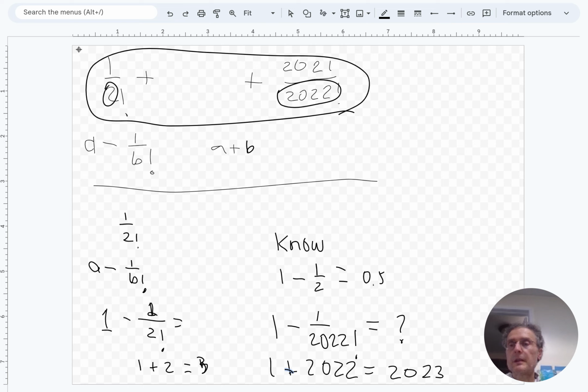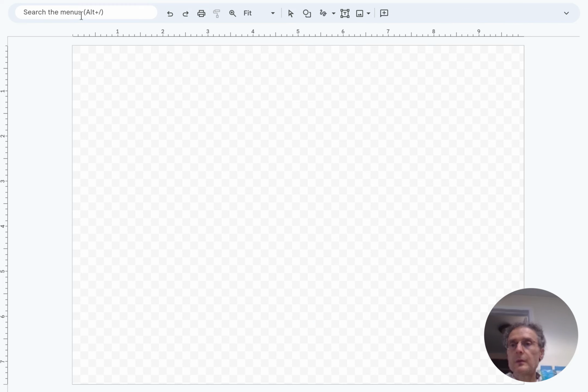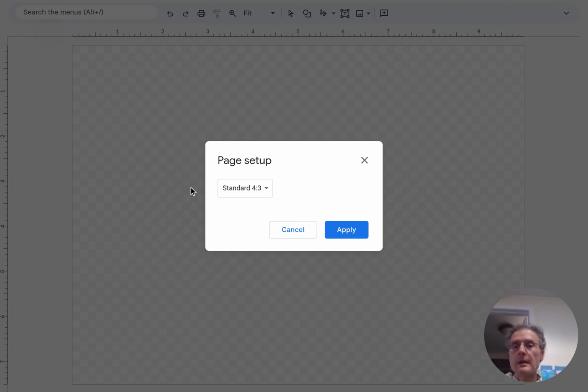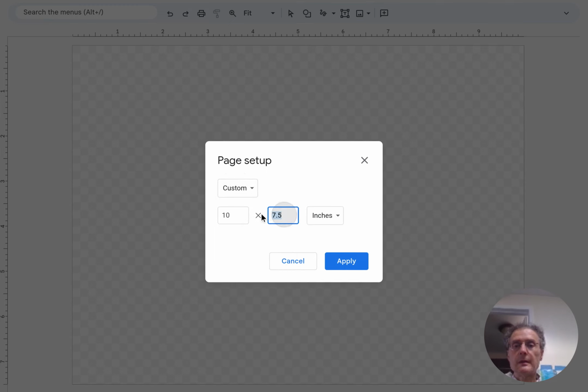Let's just copy this. Can we Control A and copy? And then can we clear? And can we change the page? I don't know what slash does, but Alt/ should give us the page setup. Let's do this again, and we'll do custom, and we'll make this 30.